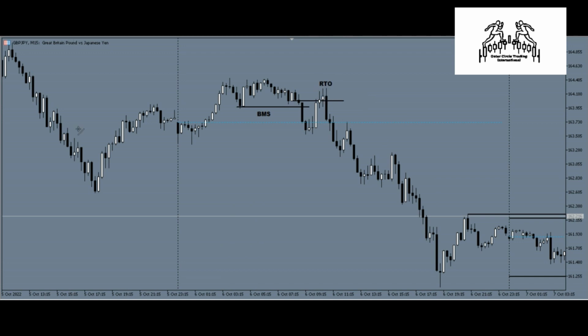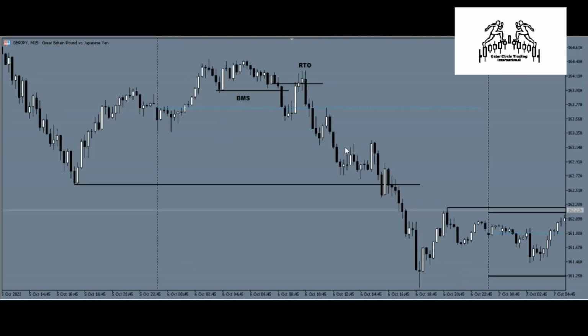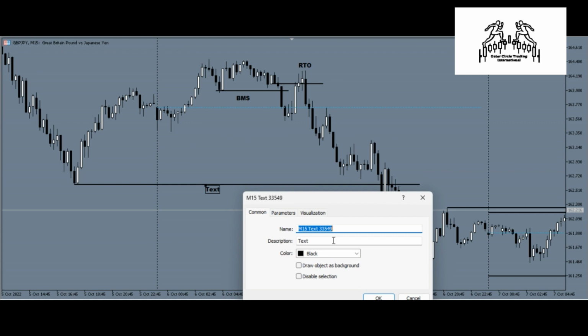I also outlined that there must be a draw on liquidity, which you must also identify when you're framing your trade. Where are you anticipating price to go to? There's a draw on liquidity.